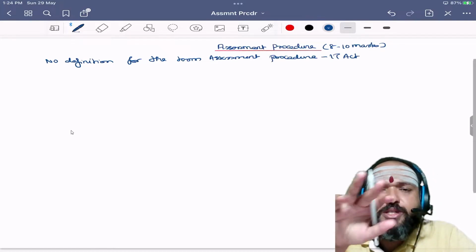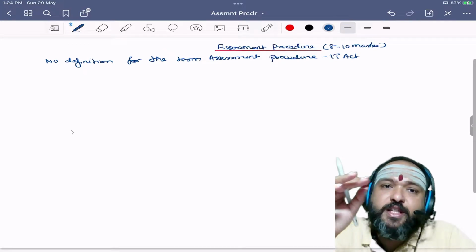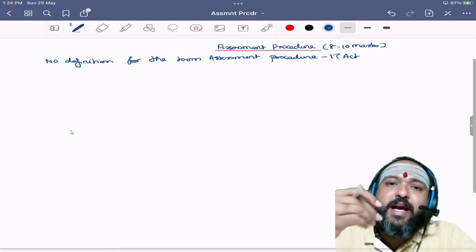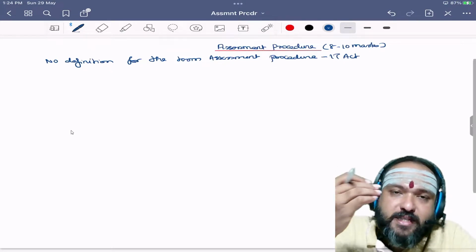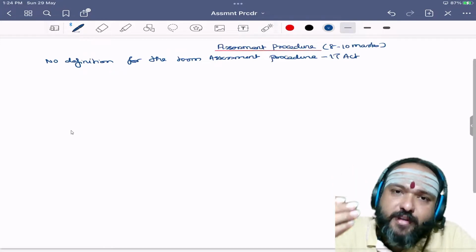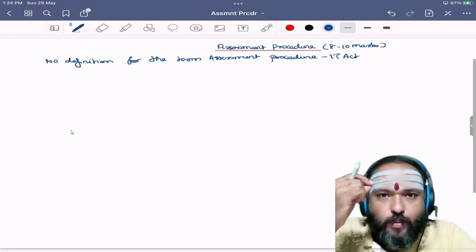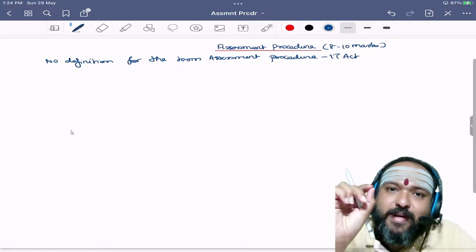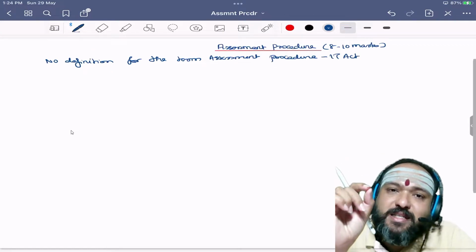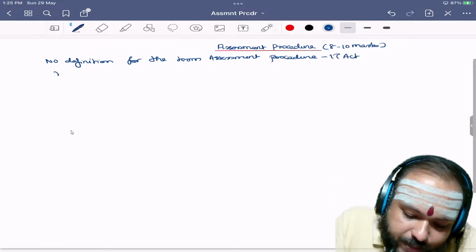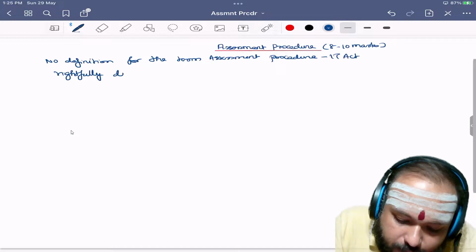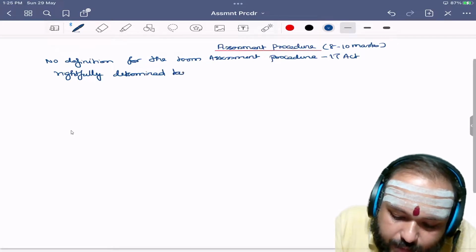Now, this procedure of assessment is to see whether you are worthy enough to become a chartered accountant, right? So, the assessment happens at every stage to see whether you are worthy chartered accountant. Likewise, in income tax point of view, the assessment happens to see if the assessee has rightfully determined the income, rightfully determined taxable income.